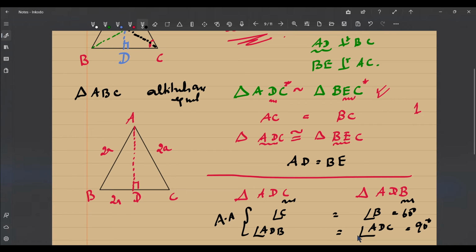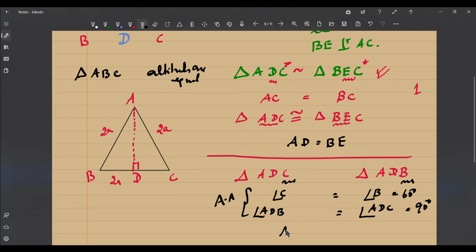But are they congruent also? Yes, they are, because the side AD is common to both the triangles. So I can conclude by AAS congruency. It can be SAA or ASA or whatever. All are the same because all the three angles are equal.